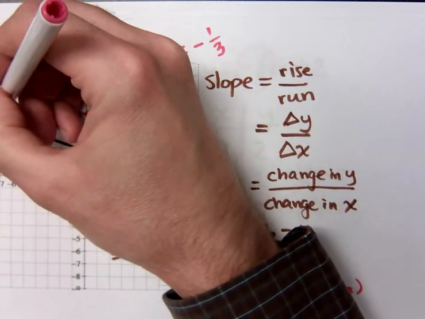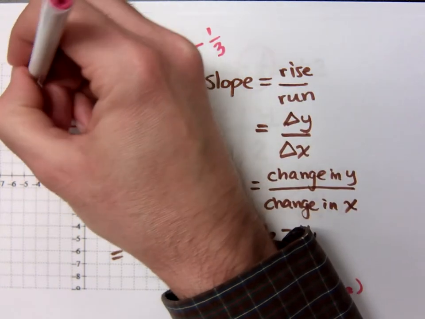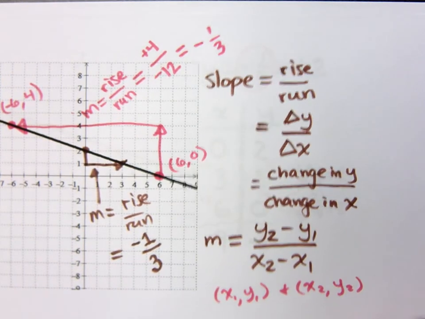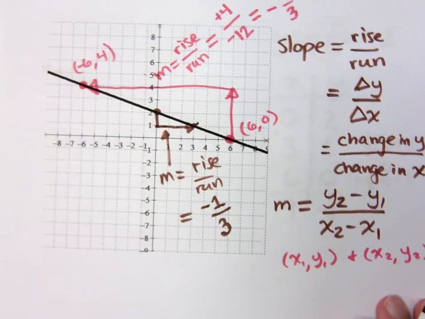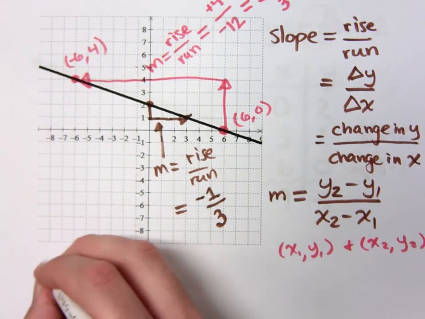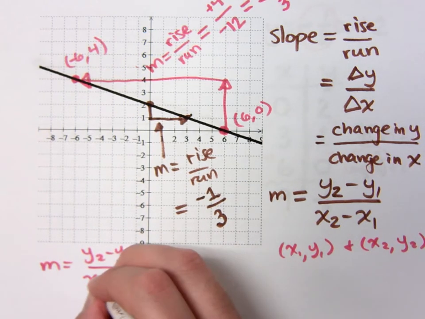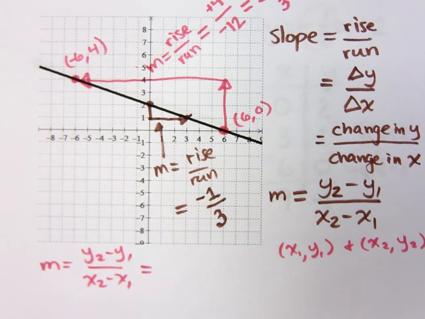Now, if you're using this formula for slope, the ordered pair here is (6, 0). The ordered pair here is (-6, 4). So, according to my slope formula, my slope is the change in y over the change in x.